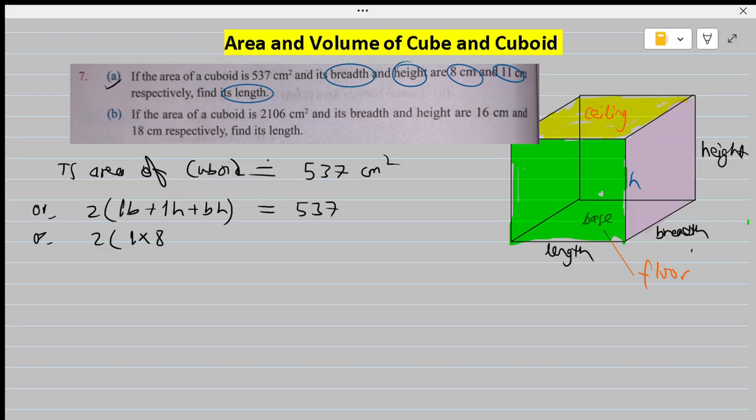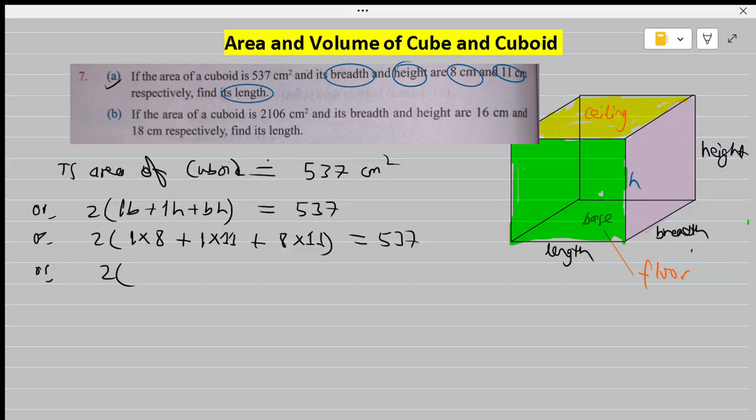Breadth given here is 8, height is given here 11, and that is equal to 537. And now you may bring this 2 down for dividing, or you just open it, right? So I go with that opening.